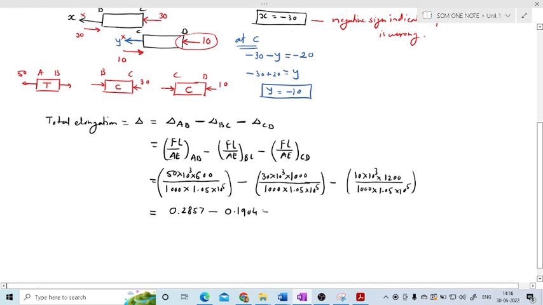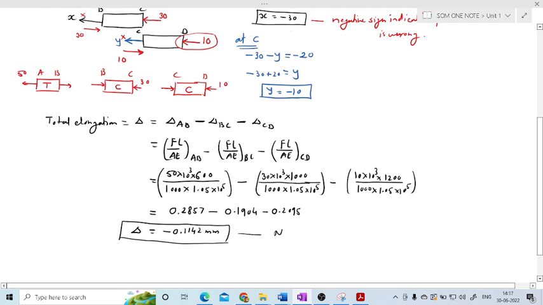And if I solve for this third, then the answer is 0.2095. Now solve this one, you will get the total change in length, and its answer is minus 0.1142 mm. Means with the application of this force, the change in length is minus.